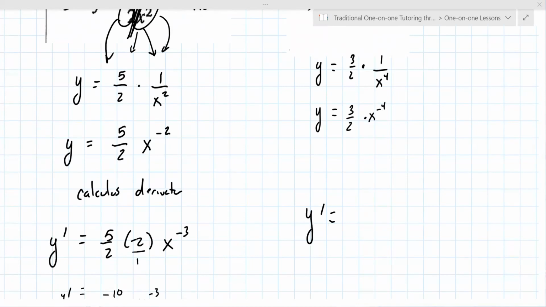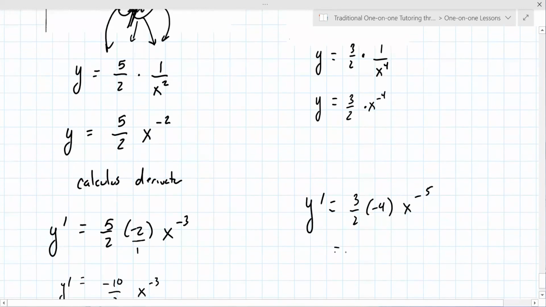Wait, so it's 3/2. Okay, so -4 times 3/2, which is what?